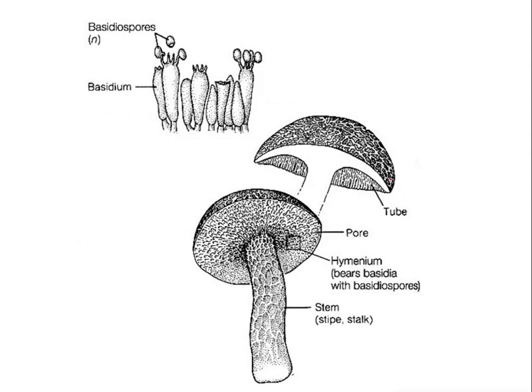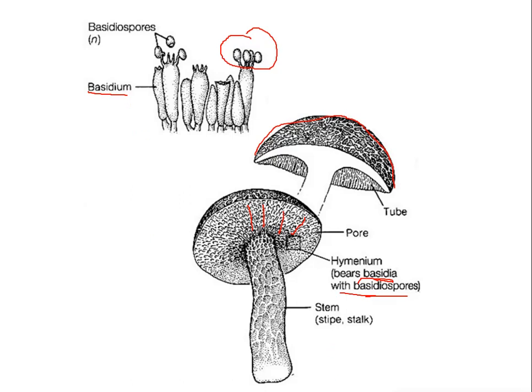So again, here you have the basidiocarp. So this is the basidiocarp. The gills underneath the basidiocarp, this one, the gills underneath the basidiocarp, you will find basidia that bear basidiospores. So this is the basidiospore and this is the basidia or basidium.